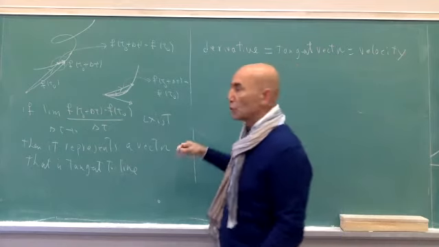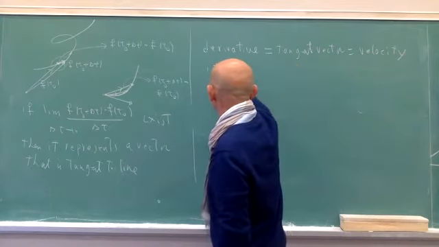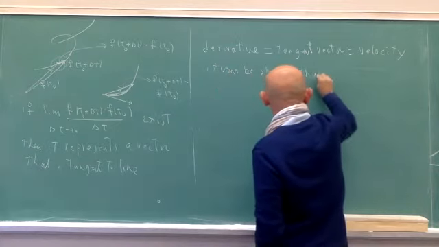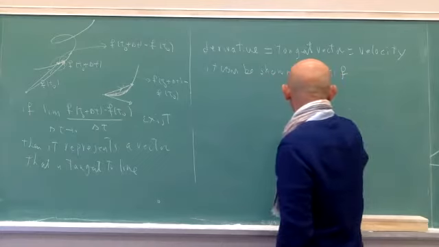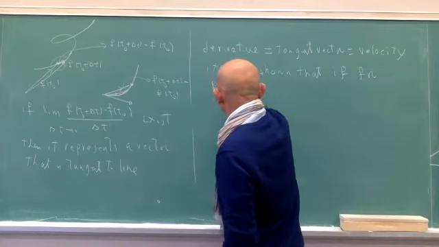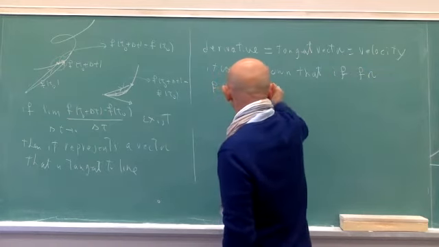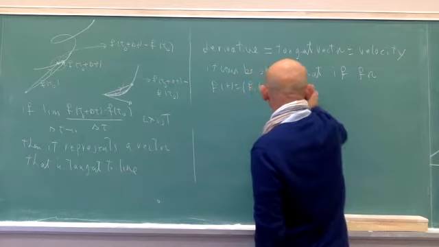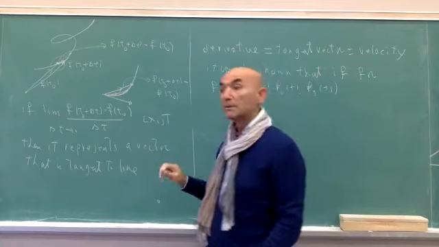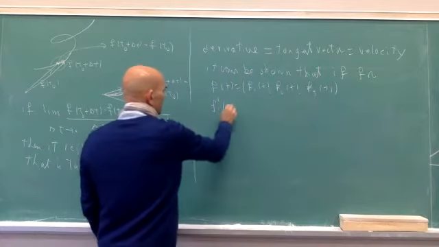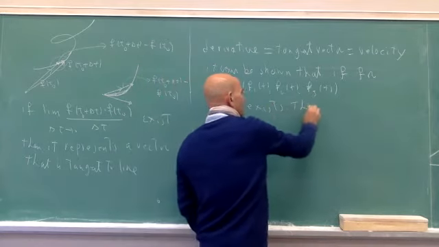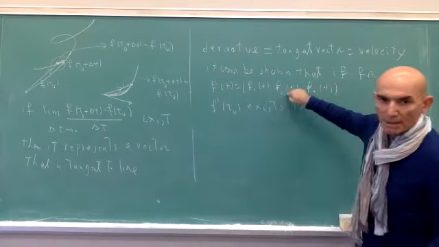And again, it can be shown that if for f of t equal to f1(t), f2(t), f3(t), the derivative exists, then the derivative of each of these exists individually.